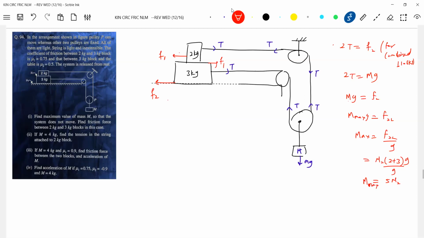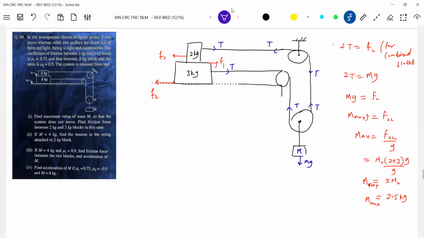Okay, after getting this one, mu2 value how much given? 0.5, 2.5 kg. Now he's asking what will be that F1 when it is this much here. I think definitely we can calculate 2T equal to mg. Then we'll calculate the F1 equal to T. So I'll proceed after this.